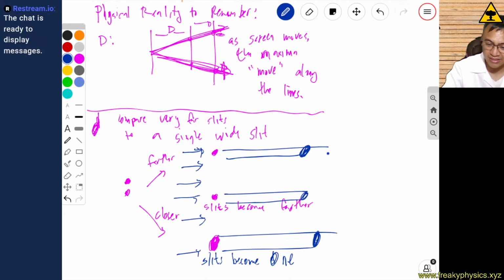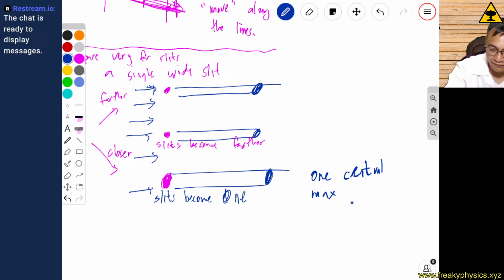But the idea here is that for the single slit becoming one, you can think of this as having one central slit, a central maximum. In other words, your n equals 0 is here, and then your first maximum is at infinity.